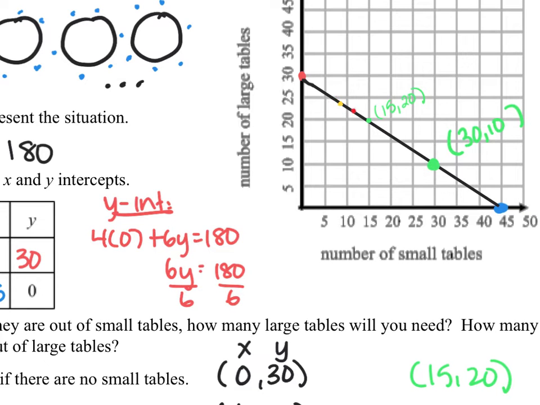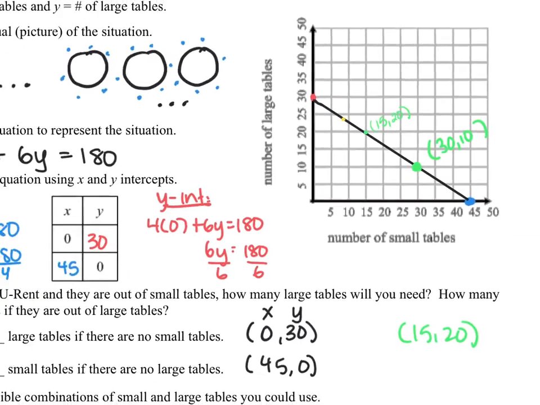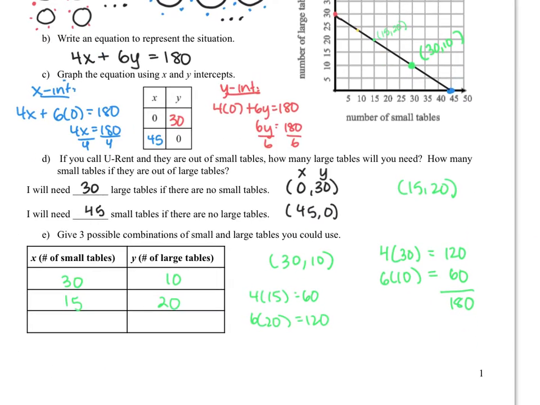So there are some options in between here, but what I'm really looking for that's going to help me is where this line crosses at these grid lines, because then I'll know for sure that I have integer coordinates. And so I've got 2 of my possibilities so far. I could also put in, for example, my 45 small, 0 large, or I could even put in my 0 small, 30 large.